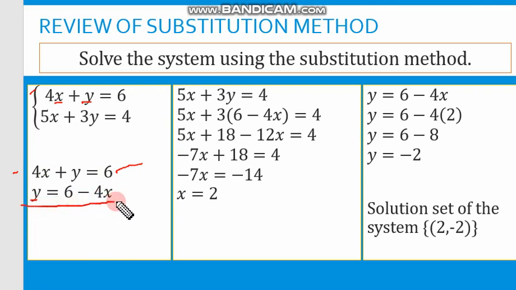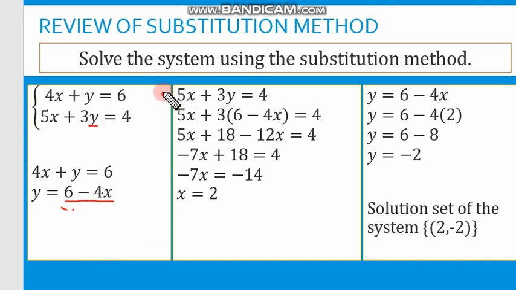This is the result from the first equation. We don't have the value of y yet, but this expression, 6 minus 4x, will be used as the substitute for the y of the second equation.